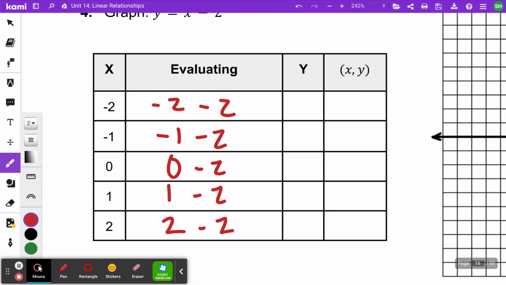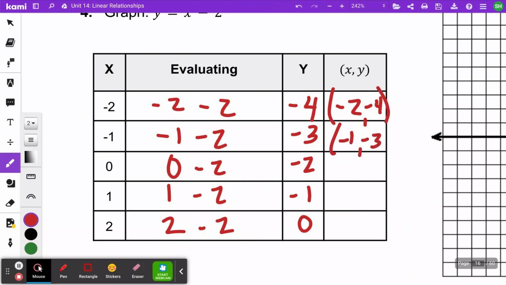And when I subtract 2 every single time, I get different values for the y. First, -4, then -3, then -2, -1, and lastly, 2 minus 2 gives me 0. So we're going to get -2, -4, -1, -3, 0, -2, 1, -1, and 2, 0.